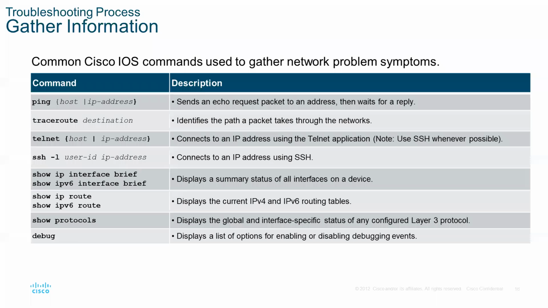So you can do ping, trace routes, telnets, in other words, remote access. Then look at appropriate IP addresses, try to find out whether it's a routing problem or whether or not the actual protocols are being supported.